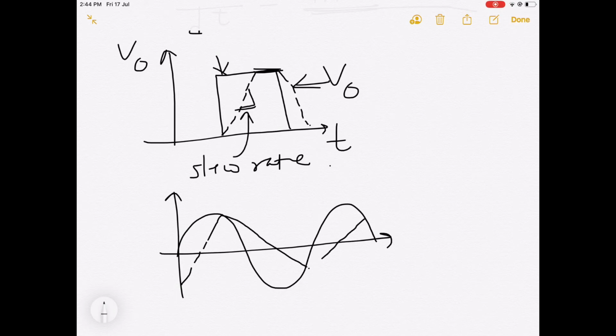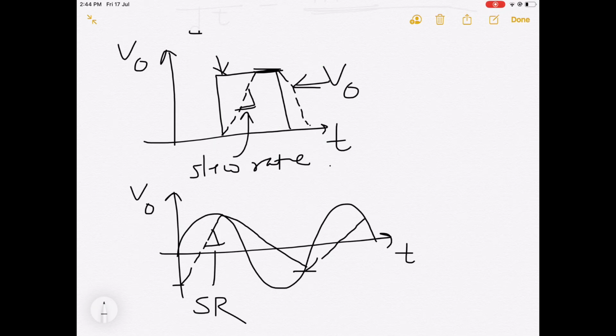This is nothing but the distortion. This part is nothing but the slew rate. This happens when you apply a pulse and when you apply a sine wave to the voltage follower, and this is the effect of slew rate limiting.